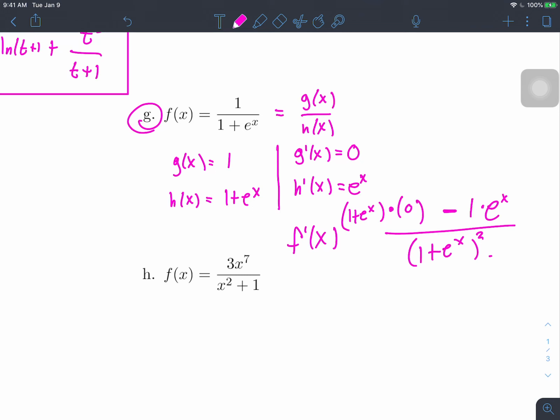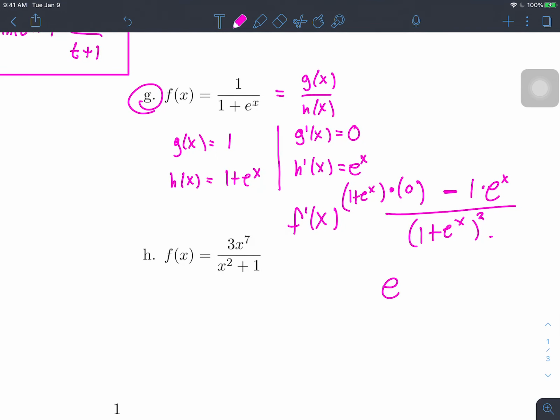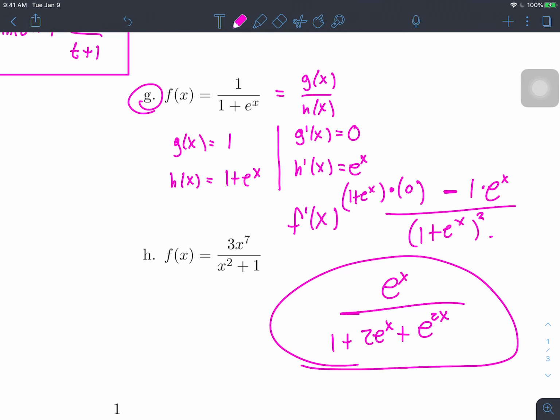All right, that's how I do that problem. So my final answer would just be e to the x over, if I FOILed that out, 1 plus 2 e to the x plus e to the 2x. That would be my answer. Yeah, thank you. It should be negative. Very good.